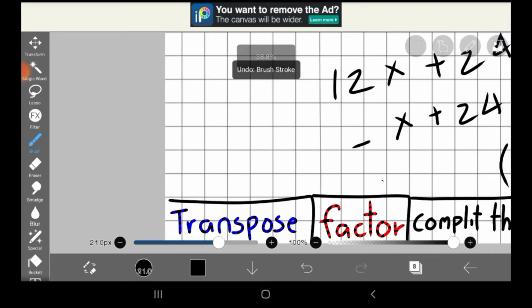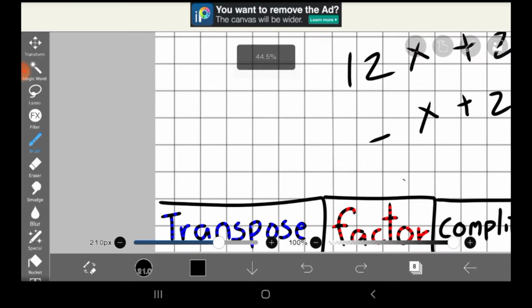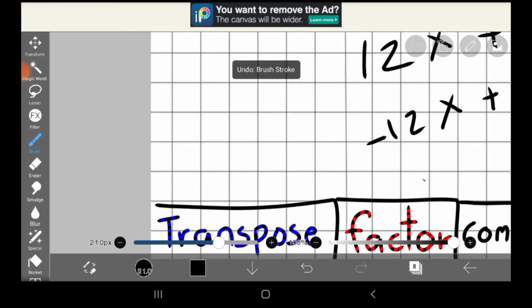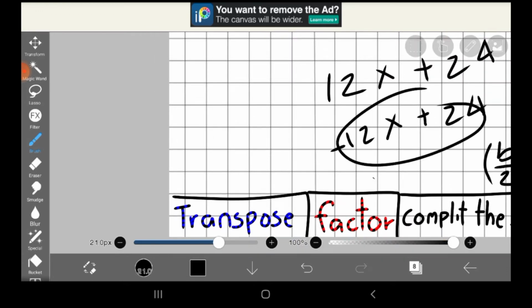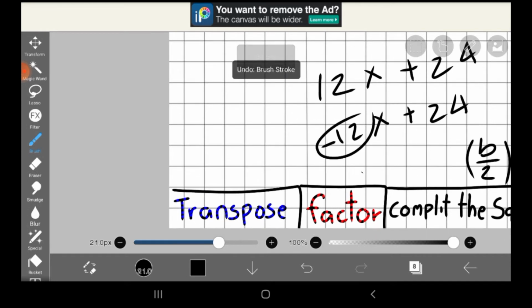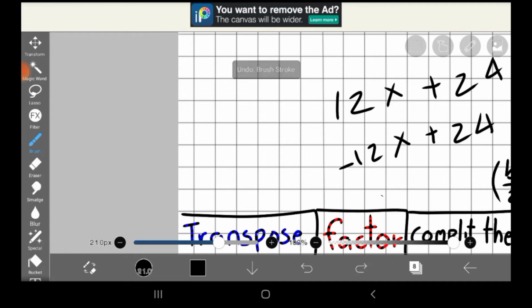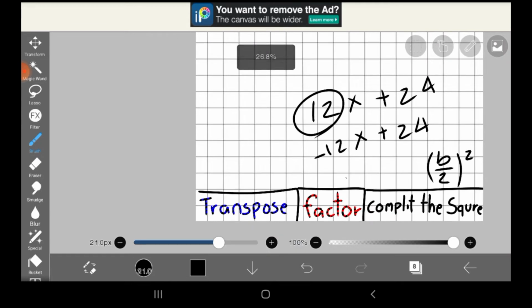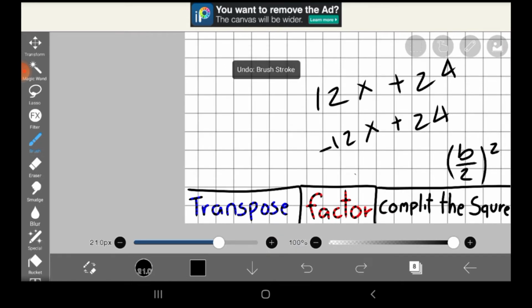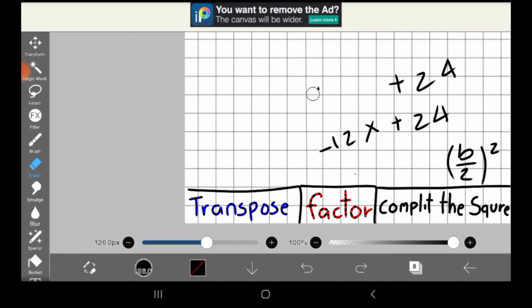But if it has a negative 12 in the front, you should factor this because it's lower than negative 1 or higher than positive 1. That's the thing that you should know before using the factor. If it only has a negative 1 or a positive 1, you should not factor it.